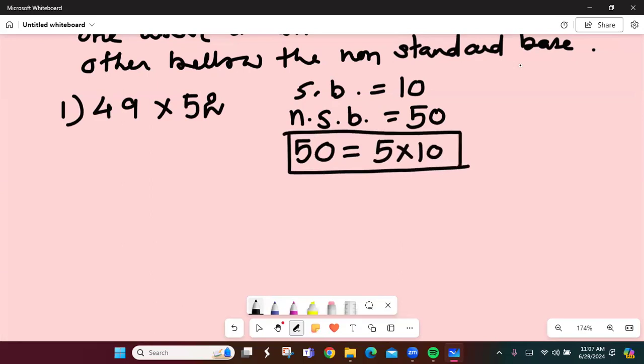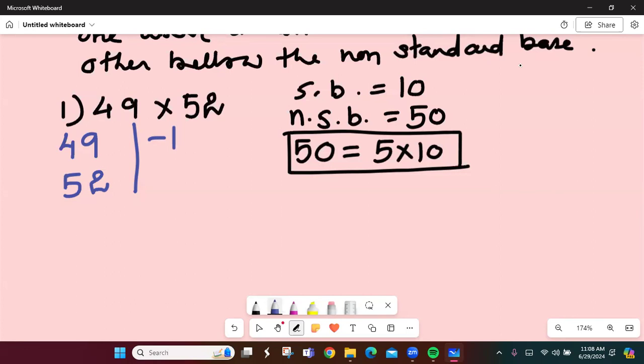So easily we can see that the non-standard base 50 is 5 times the standard base 10. Now, our steps will remain almost the same. So first we'll write 49 and 52, one below the other, and see the difference between these numbers and the non-standard base. 49 is 1 less than 50, that is, 50 minus 1 is 49, so I will write minus 1 here.